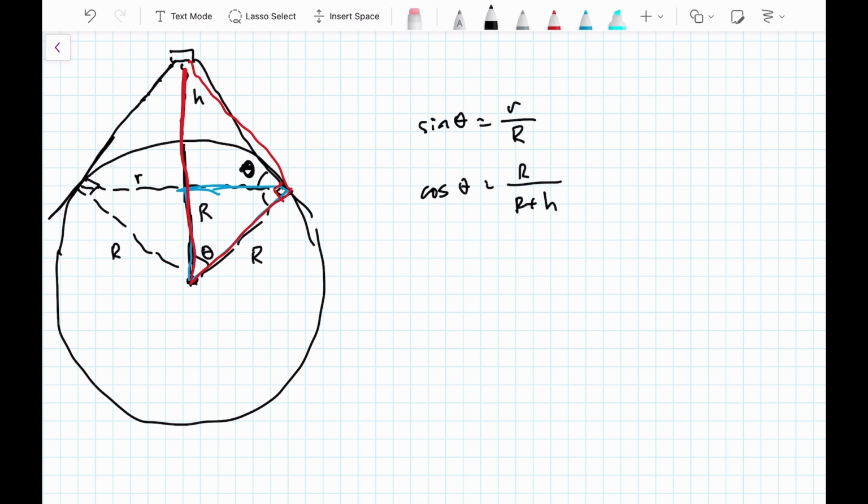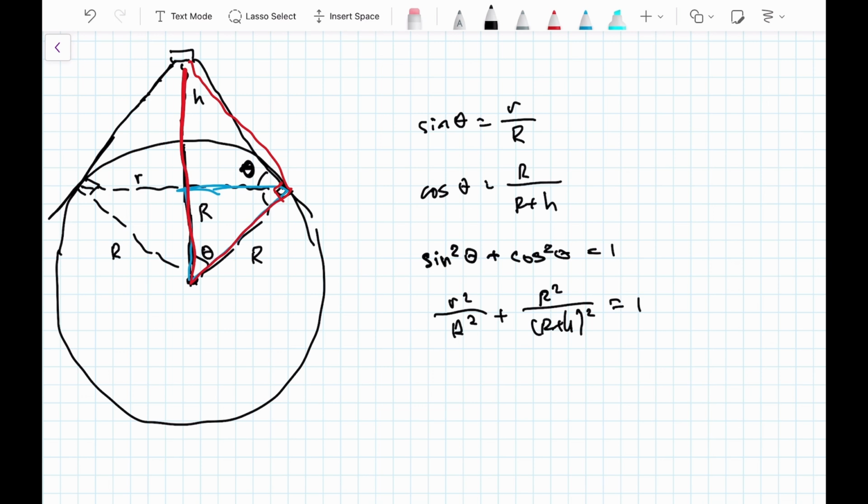To eliminate the angles, we can say sine squared theta plus cosine squared theta is equal to 1. So we have r squared over R squared plus r squared over (R plus h) squared is equal to 1. And then we can simply solve for r.